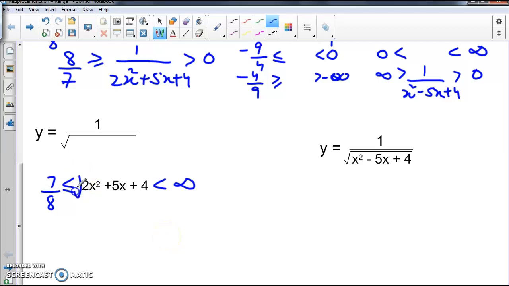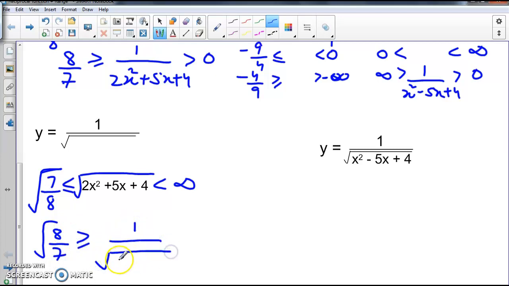Taking square root on each side, we can take square root on each side. Square root of infinity is infinity, and these values are again positive values. So taking reciprocal, we get under root of 8 by 7 greater than or equal to 1 upon under root of 2x square plus 5x plus 4 greater than 0.